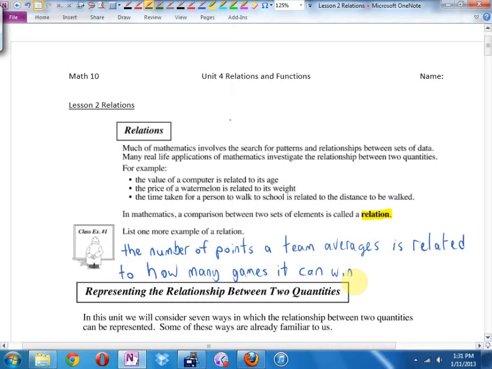Now, this is a bit of a changing one. You play basketball. If your team averages more points, is it more likely that it will win games?